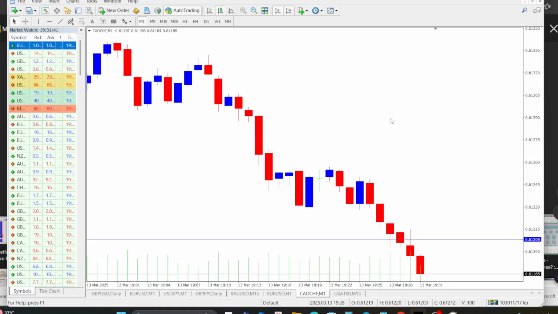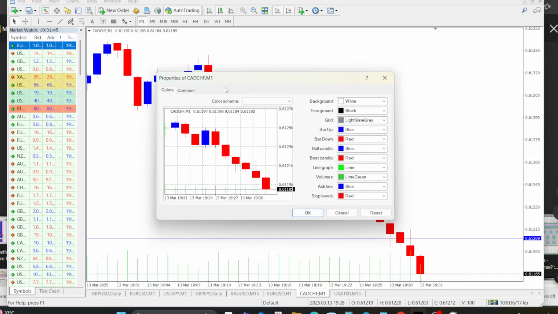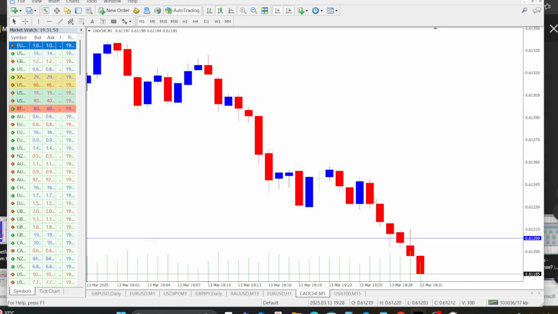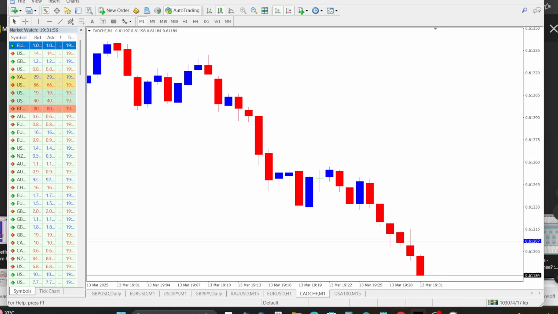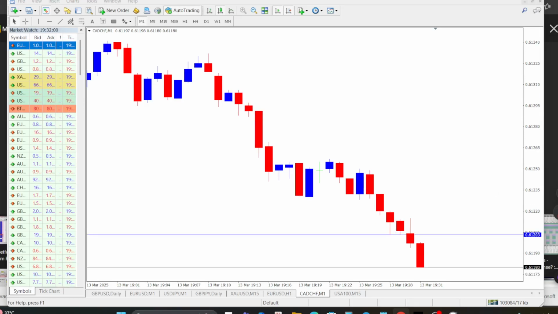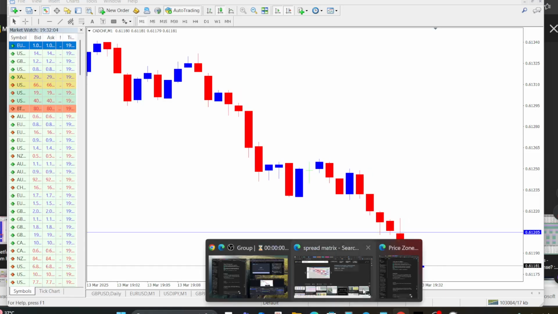Monitoring spreads helps identify high liquidity and low liquidity periods. Also, using the spread matrix can improve trade timing and reduce unnecessary expenses. So if you are not already using a spread matrix, now is the time to start.